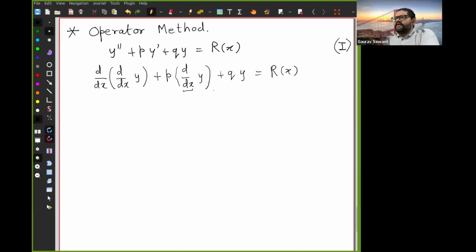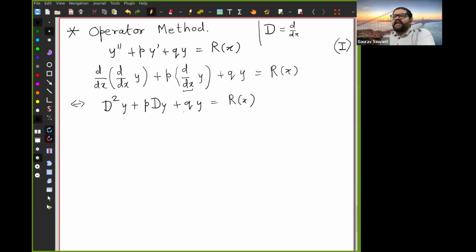So the operator d by dx is denoted by D, okay? And then a double application of this operator D corresponds to the second order derivative. N-fold operation is the nth order derivative, and so on. So this can be written in the form D square y plus p Dy plus qy equal to rx.